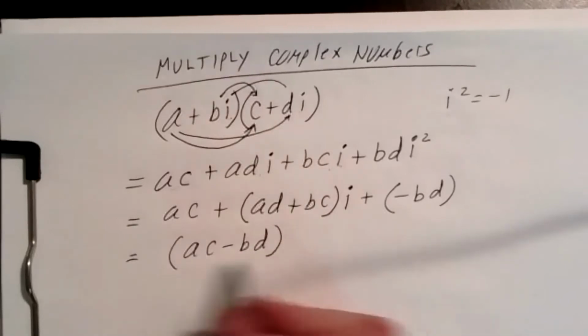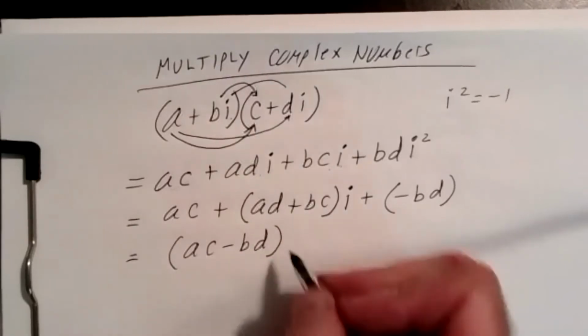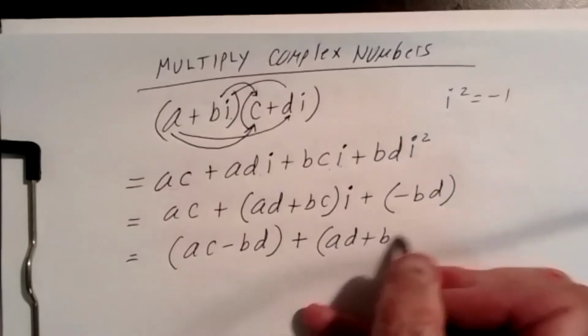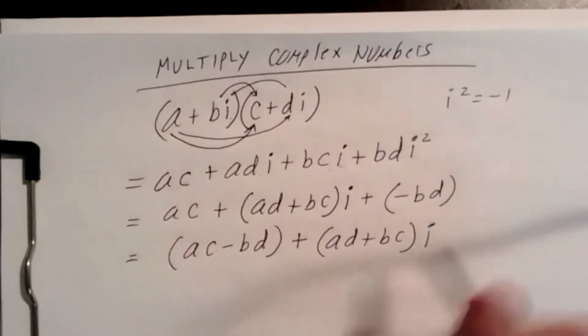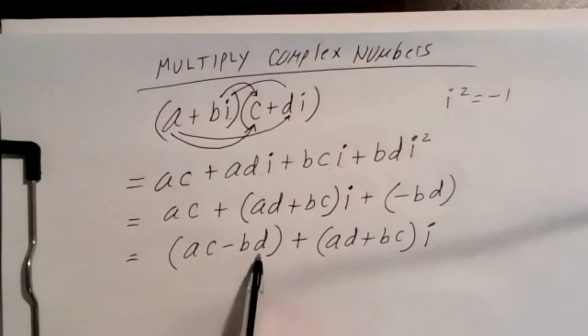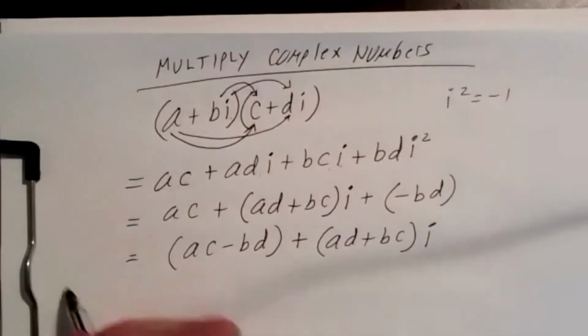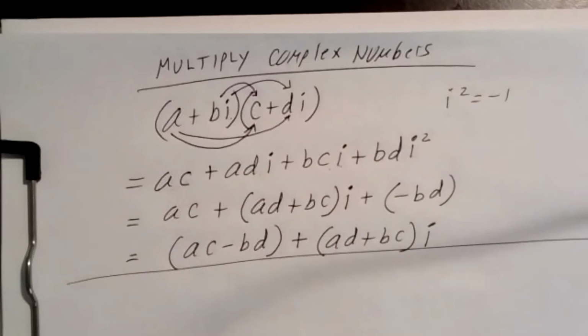That gives you the real part of our product of these two complex numbers. And here comes the imaginary part, (ad plus bc)i. This is just a real number, and this is your imaginary part. Do you agree? That in general instructs us how we multiply complex numbers together. So maybe we can try one out.